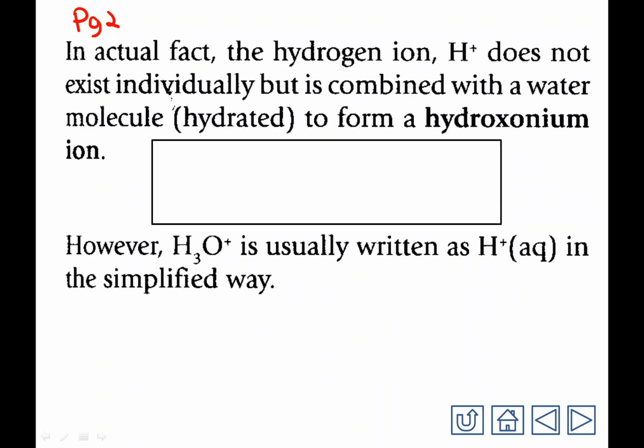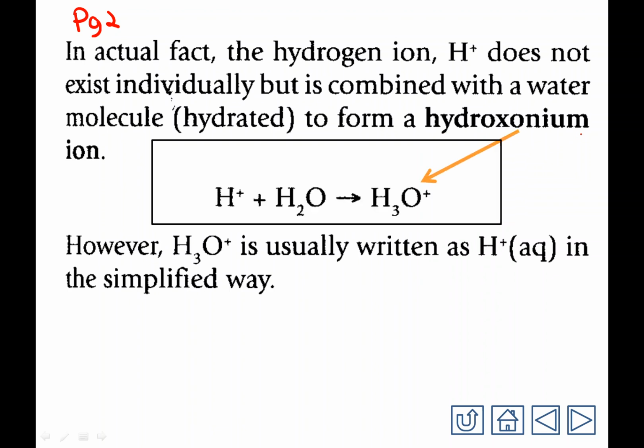So acid is actually a chemical compound that dissociates in water to produce hydrogen ion. But the hydrogen ion does not exist alone in the water. It is combined with the water molecule and becomes a new ion called hydronium ion.